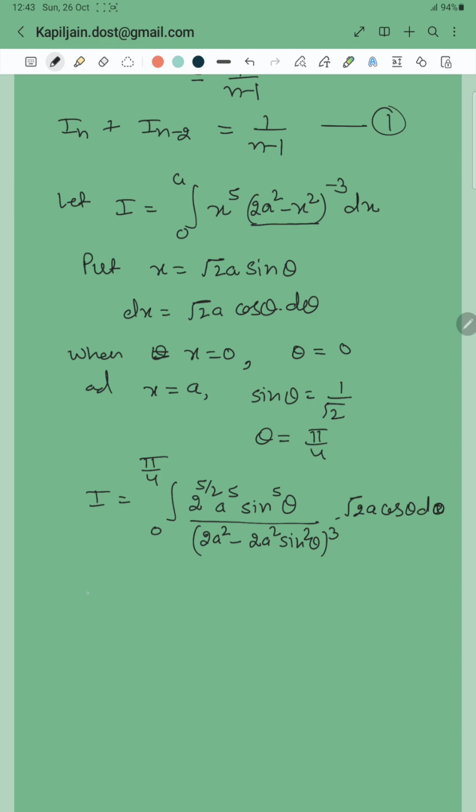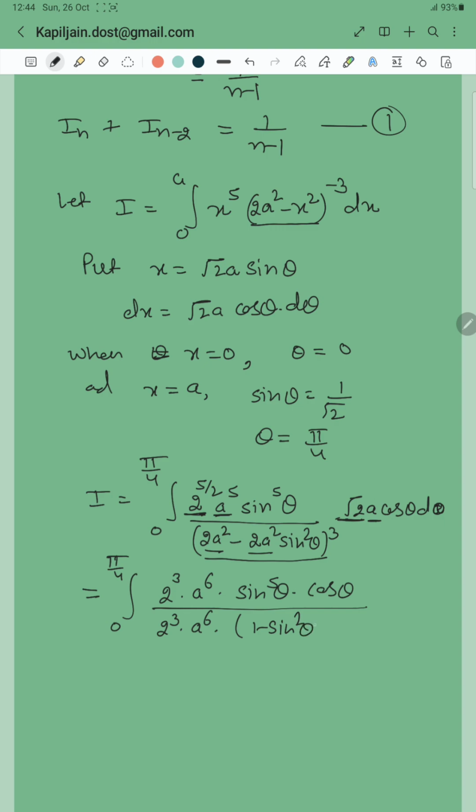Now simplifying this, integral from 0 to pi by 4, 2 raised to power 3, combining these two terms, and multiplied by a raised to power 6, combining these two terms, multiplied by sine raised to power 5 theta into cos theta, divided by, now taking common 2a square from this bracket and raised to power 3, so it is 2 raised to power 3 into a raised to power 6 into (1 minus sine square theta) raised to power 3 d theta.